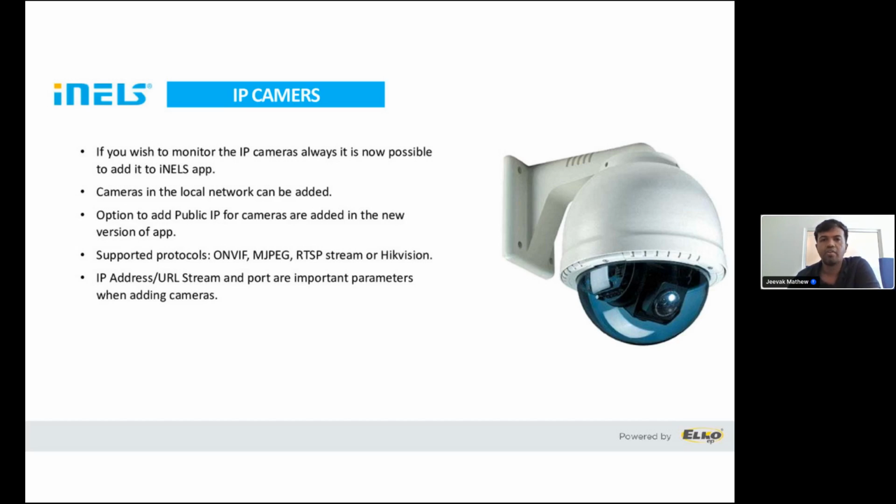Basically, all IP cameras which have IP streaming can be added. If the cameras are connected in the local network, then the application should also be in the local network, and you can add the cameras using the IP address if everything is in the same network.